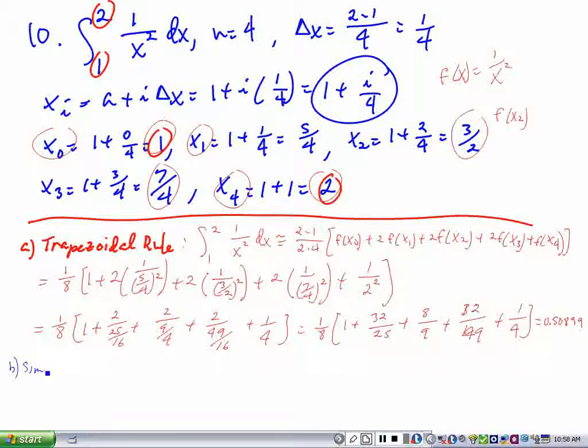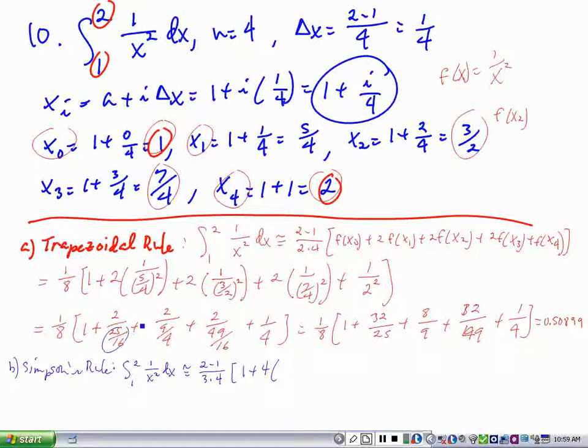So Simpson's rule. This integral from 1 to 2 of 1 over x squared dx can be approximated by Simpson's rule, which says that we have (b minus a) divided by 3 times n, or 3 times 4, times f of x of 0, which will be 1, plus 4 times f of x of 1.